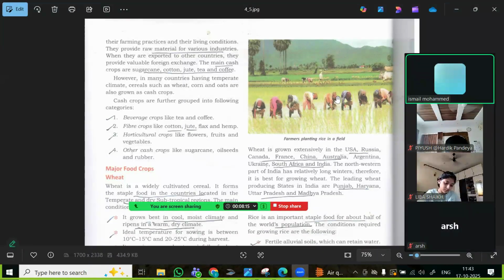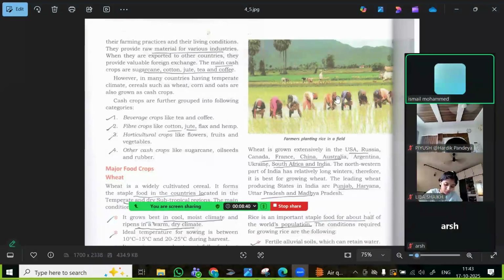So there is a sugar industry. Like that, there is a textile industry for cotton and jute, and a beverage industry for coffee and tea. These are all cash crops, because when they are exported to other countries, they provide valuable foreign exchange.